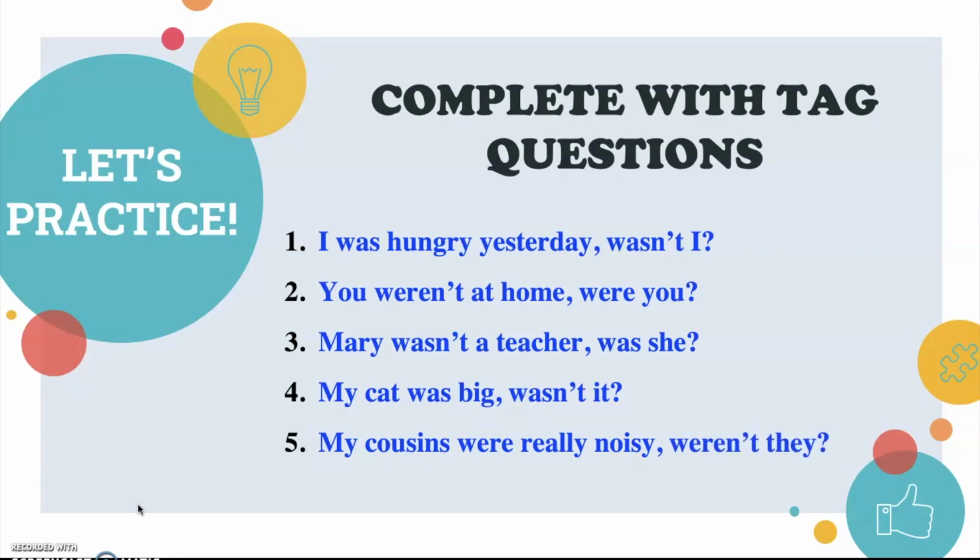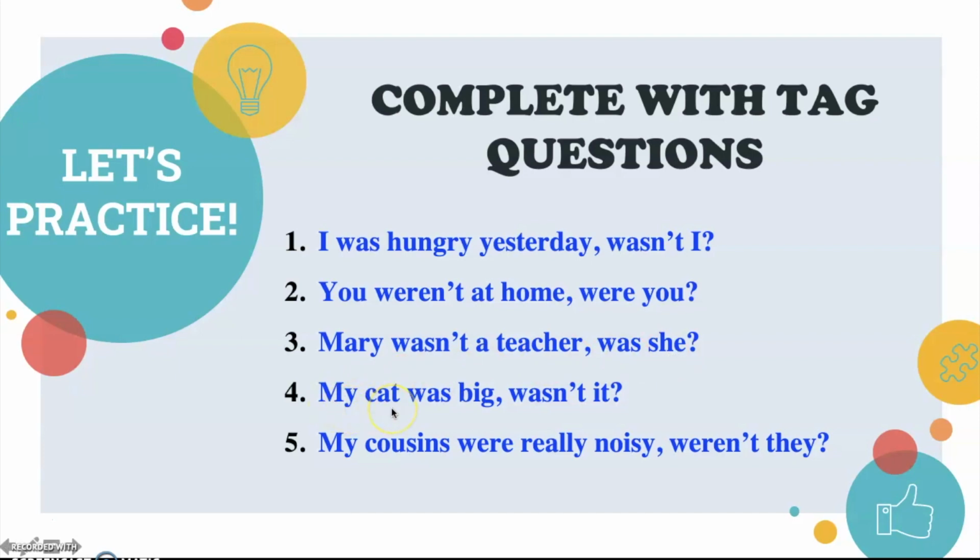Weren't they? Remember, we have to use the same subject pronoun as the principal subject in the sentences. In number 3, we are using Mary as a subject, but Mary cannot go in the tag question, so we replace Mary with the subject pronoun she. The same is going to happen in number 4. You have my cat.